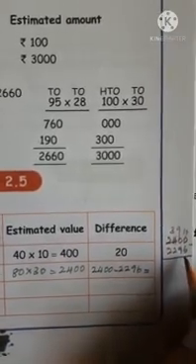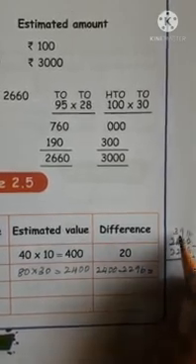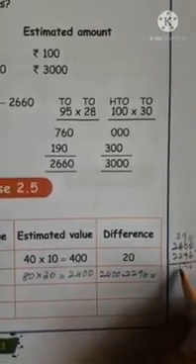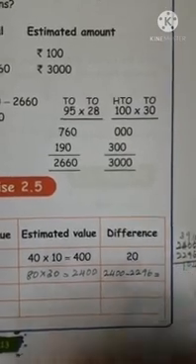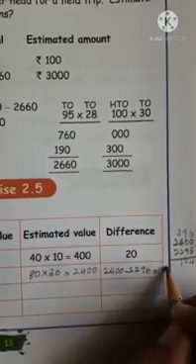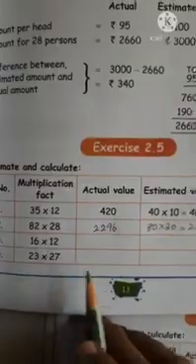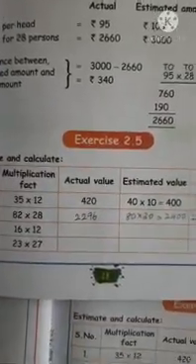So 10 minus 6, 4. 9 minus 9, 0. 3 minus 2, 1. 2 minus 2, 0. So 104. So that difference is 104. Same like that, remaining third sum and fourth sum you have to do as homework.